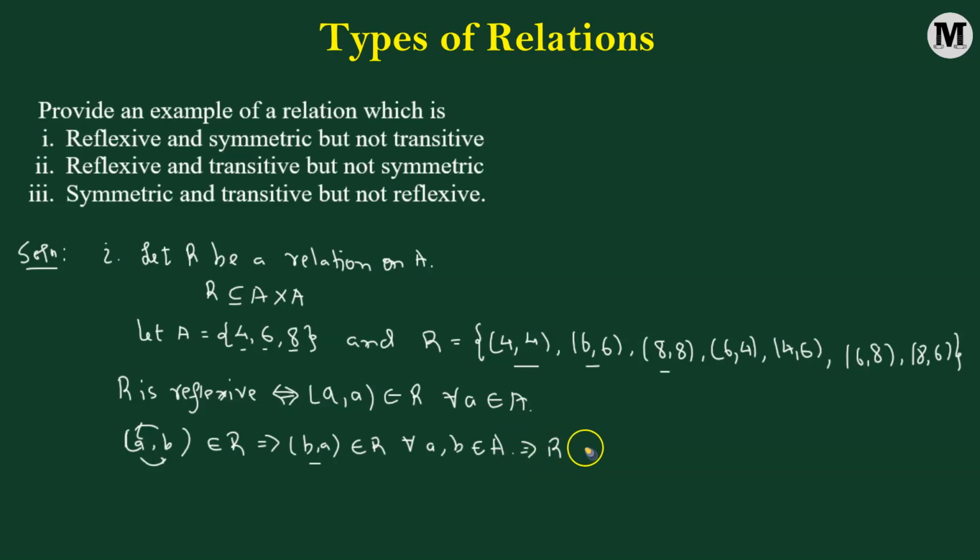This implies that R is symmetric in nature. We have symmetry. Okay, so let's verify whether our relation R is symmetric or not.